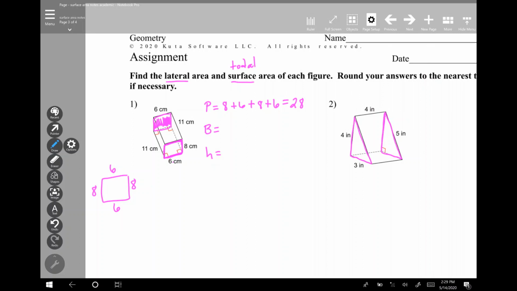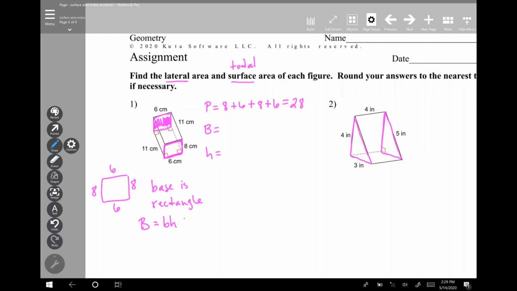Now area of the base. Okay, remember it's a rectangle. So your base is a rectangle. So to find the area of it, it's going to be base times height. And I'm only concentrating on the base, okay? This h right here is not the same as this h in this other formula here. I just need to know, how do I find the area of a rectangle?